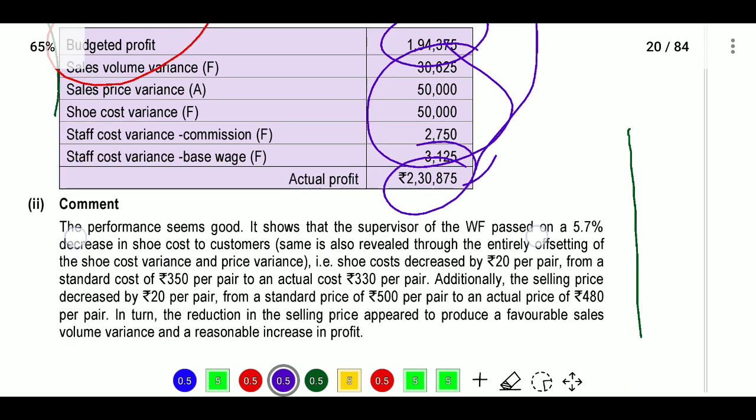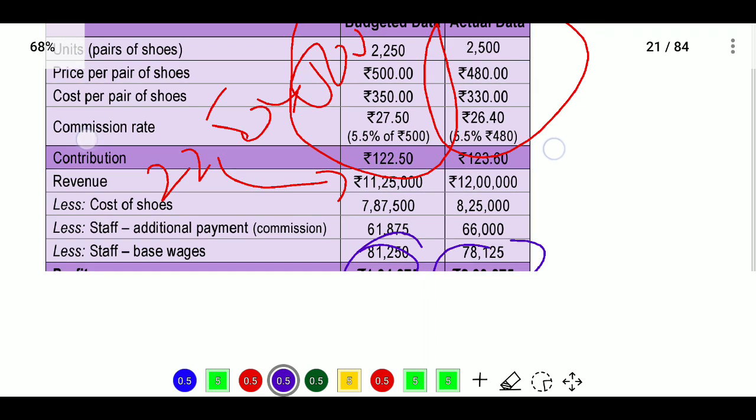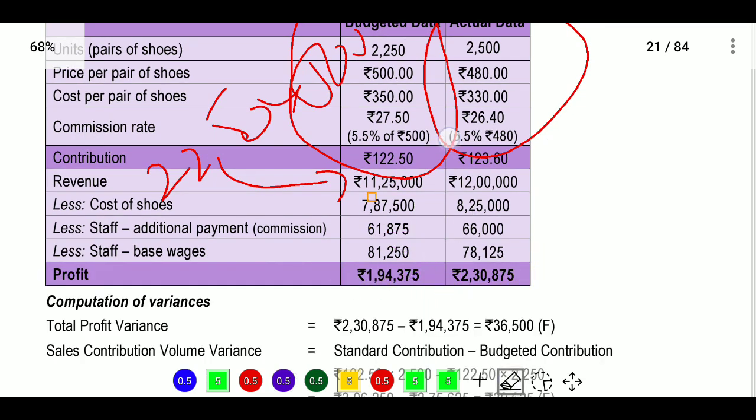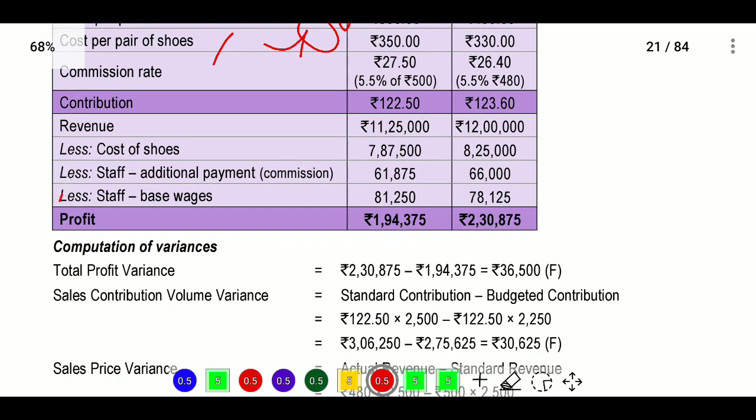How much do we have in reconciliations? So these are the budgeted figures. Cost of shoes will be 7,87,500, and here first we will see the profit variance.